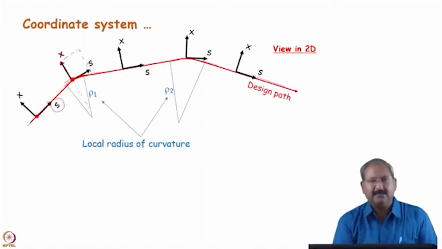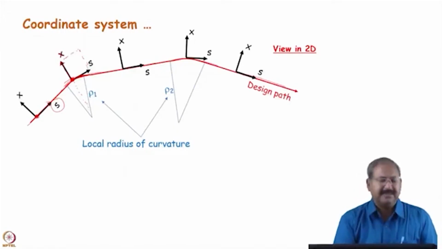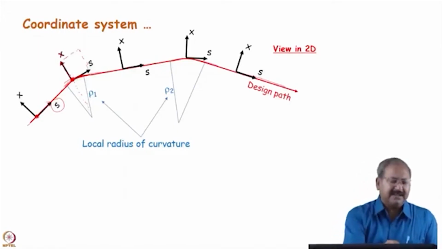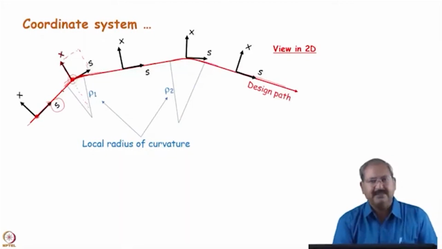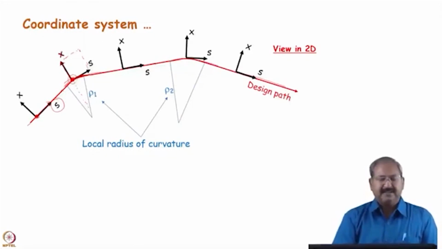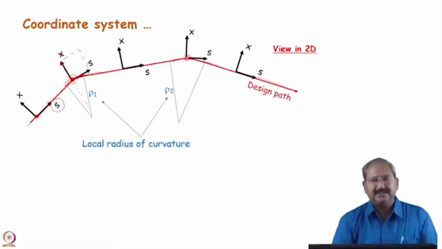Rather, it may be a bending plane also if it is not completely horizontal. And perpendicular to this x and s axis, there will be a third axis which is the vertical axis. Now if the synchronous particle is moved here, then the origin is also here. So our coordinate system is moving.